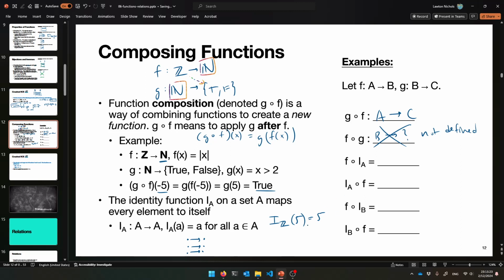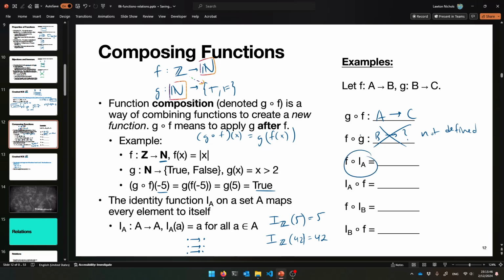It just gives itself back, identity. And then the identity function on integers of the number 42, the output is the same as the input, so it's still 42. Okay, so it just takes a thing and gives you back the same thing. So that's that. And now you know its domain and codomain are the same set.